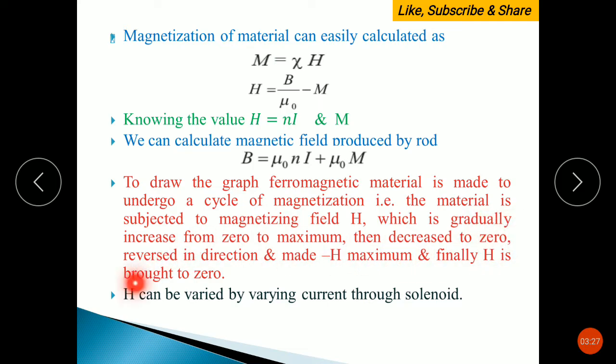Whatever this variation of the external magnetic field is, it is called one cycle of magnetization, and this variation can be done by varying the current through the solenoid.